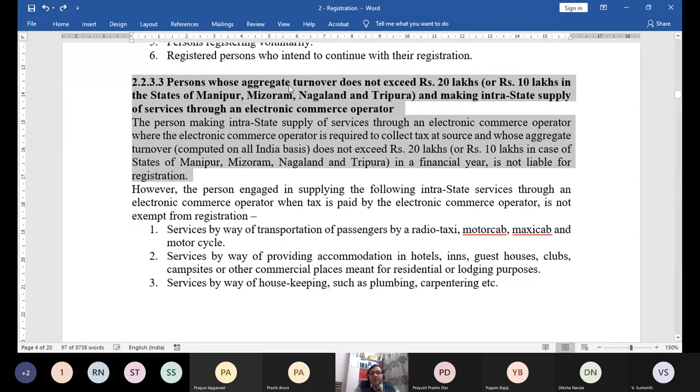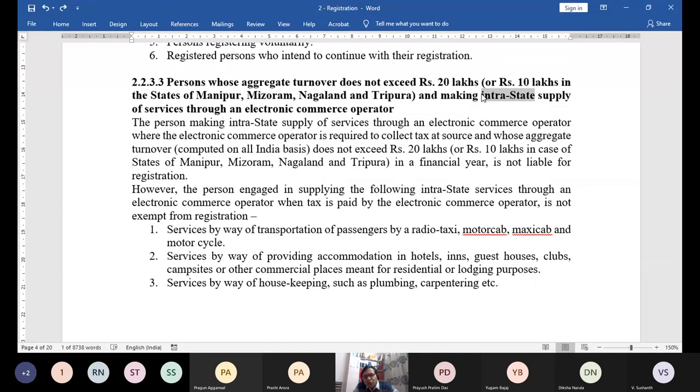First, I am making intra-state supply through an electronic commerce operator, as well as my turnover does not exceed 20 lakh or 10 lakh. Okay, so there are 2 points.